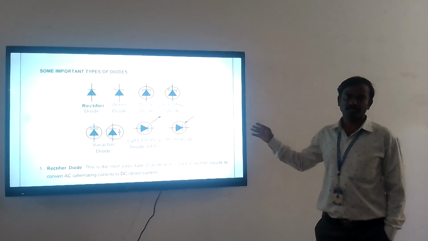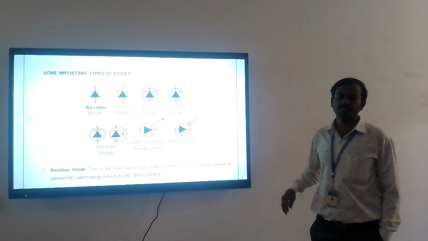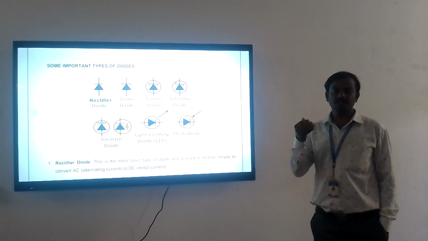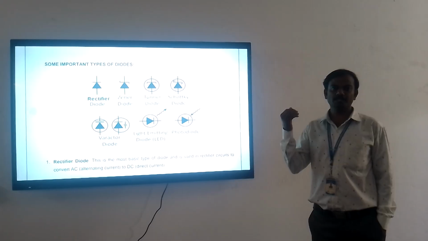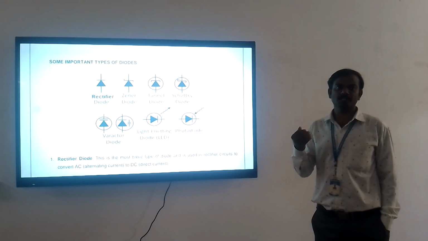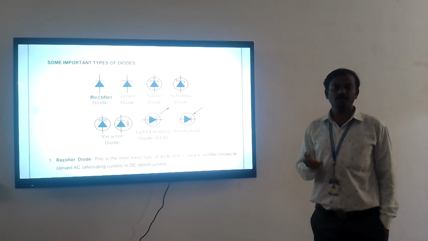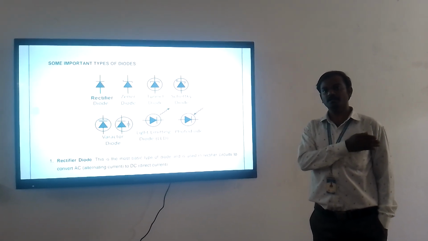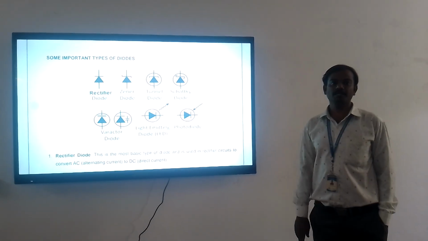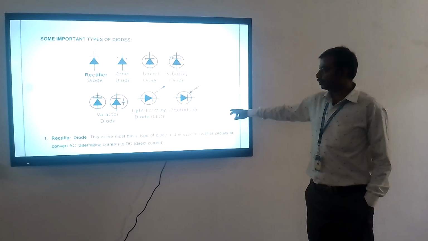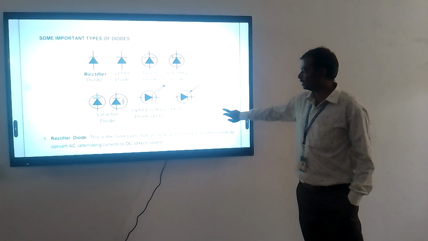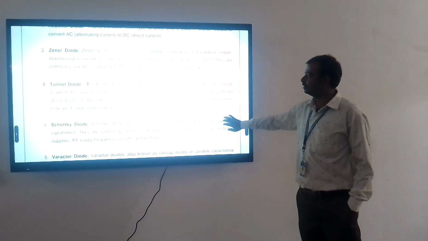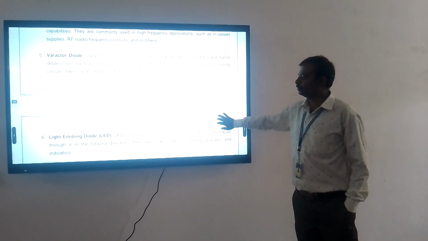It is like a light emitting diode, but here reverse biased voltage is applied. This kind of diode is used in photocell and solar cell applications, where light energy is converted into electrical energy. So these seven types of diodes are mostly used for computer applications. The detailed information will be given below.